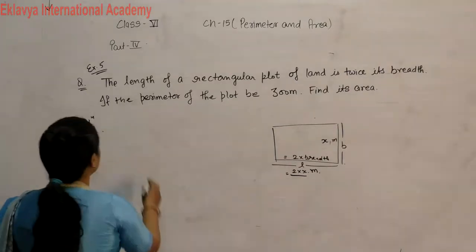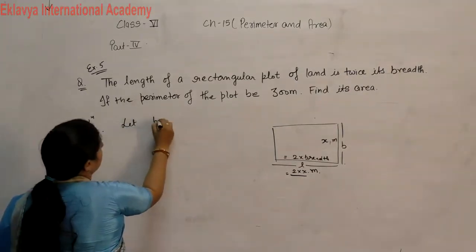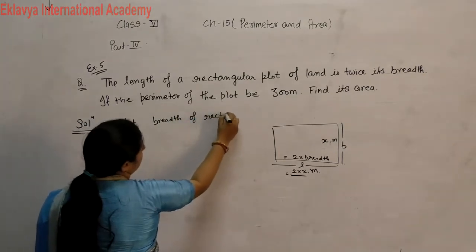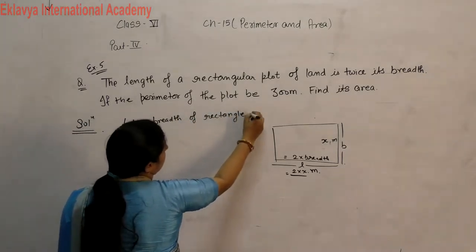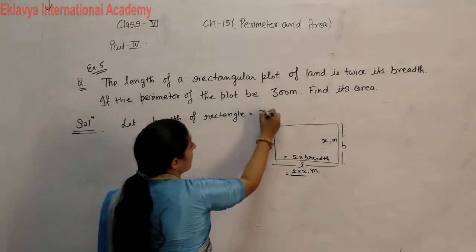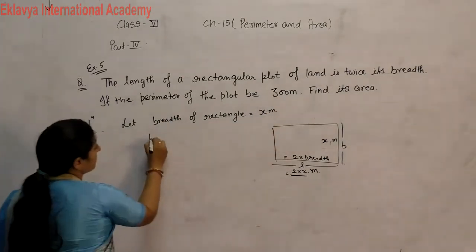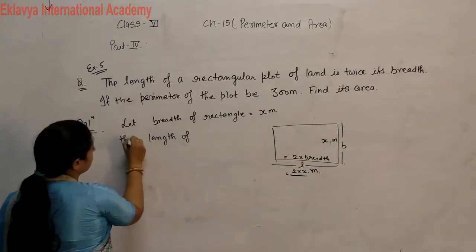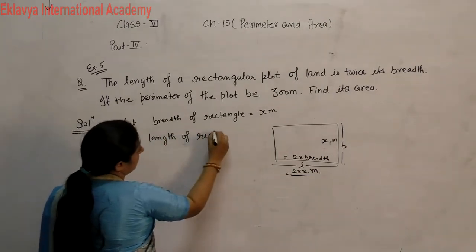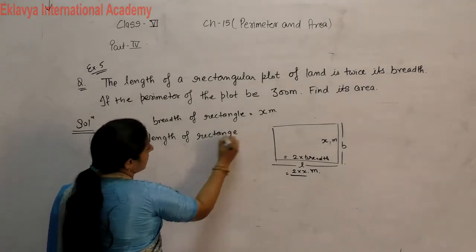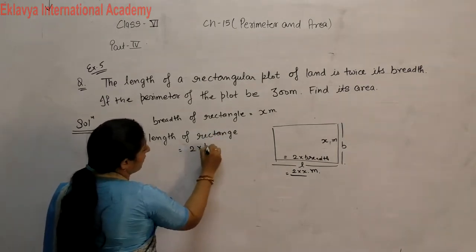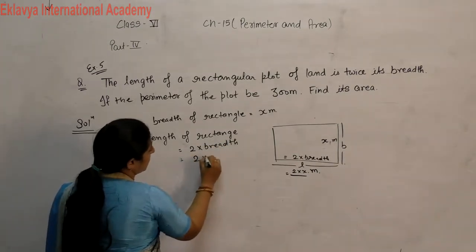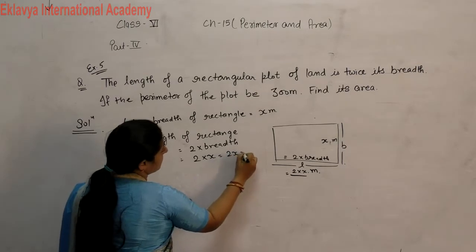So what we write down: let breadth of rectangle is equal to x meter. Then length of rectangle, according to the statement, is equal to twice the breadth, that is 2 into x, equal to 2x meter.